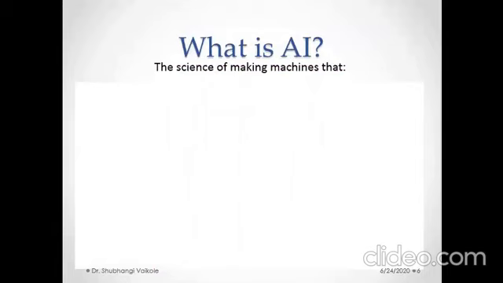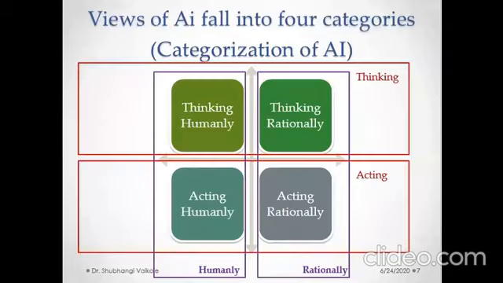So we can define AI as the study and design of intelligent agents, in which an intelligent agent is a system that perceives its environment and takes actions that maximize its chance of success.